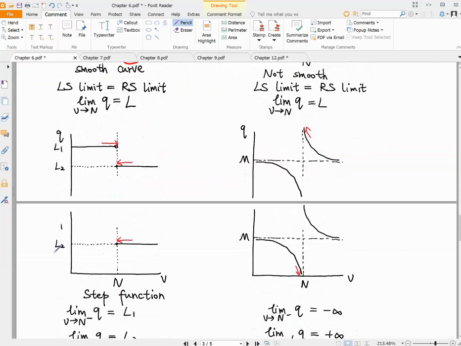But if it's not continuous, like in this graph, there's a jump from the left side of n to the right side of n. So the left side limit of n is not equal to the right side limit of n.